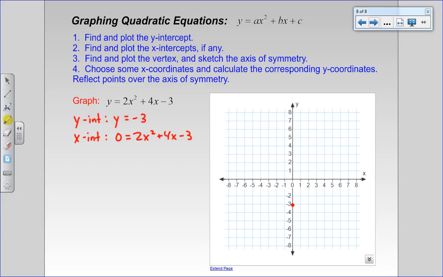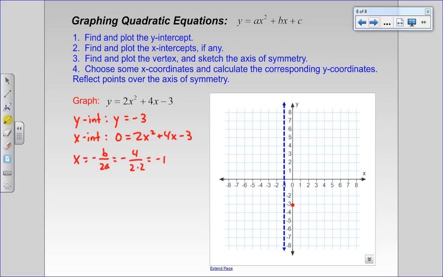We can obtain the axis of symmetry, again using our formula, x equals negative b over 2a. In this case, b is 4 and a is 2. So negative 4 over 2 times 2 would be negative 4 over 4, which is simply negative 1. So we'll graph that line, x equals negative 1, as our axis of symmetry.